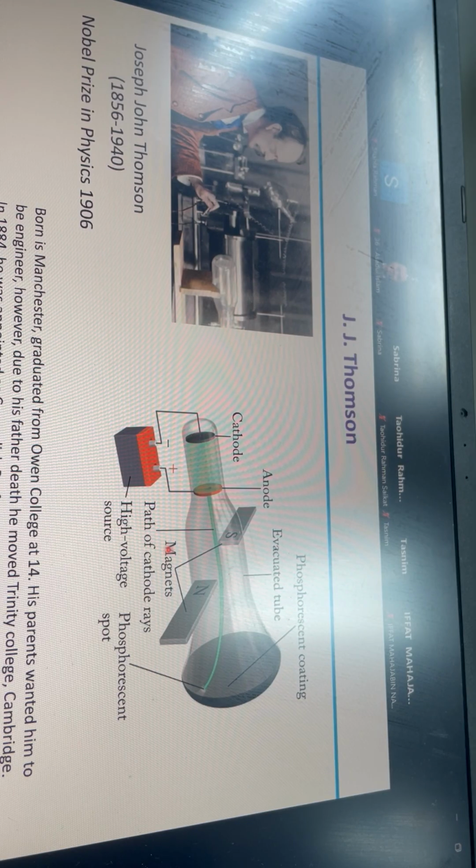Because he's a mathematician, he used all the physics laws of kinetics and potential energy, and how the cathode rays deviate in the presence of a magnetic field. From that information he was able to calculate the mass of the electron and the charge of the electron. So he is the kind of first mass spectrometrist.